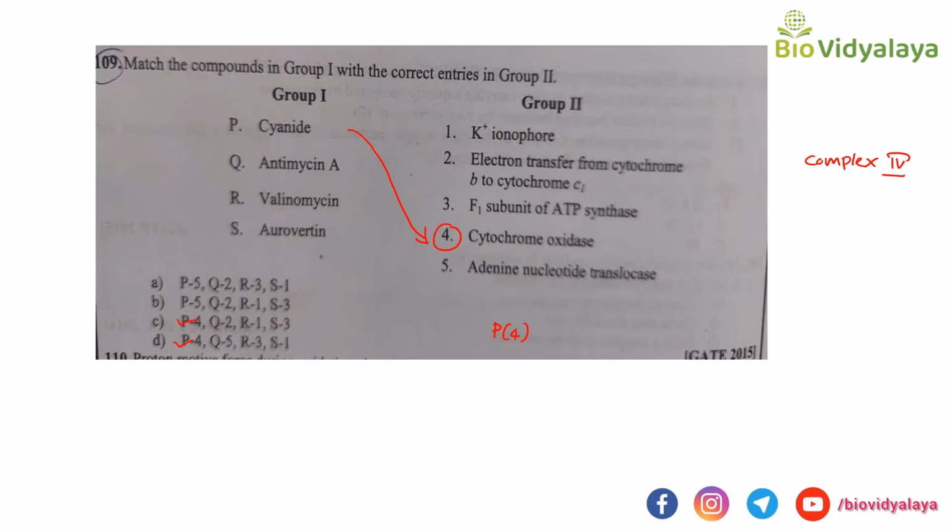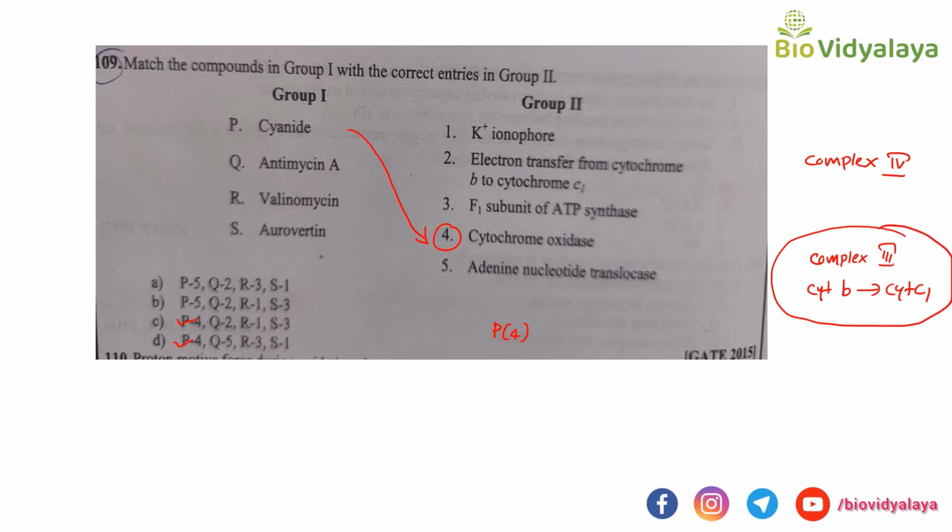Next Q, antimycin. We know that antimycin is an inhibitor of complex 3. It will inhibit transfer of electron from cytochrome B to cytochrome C1. We already discussed this one in our previous lecture video.